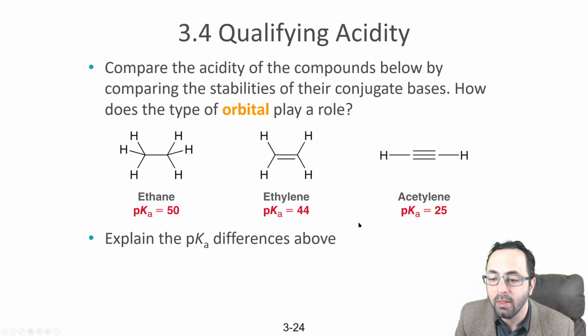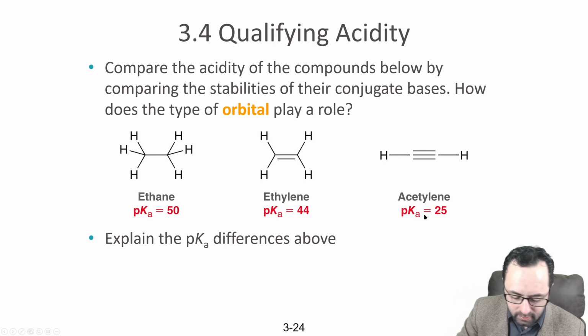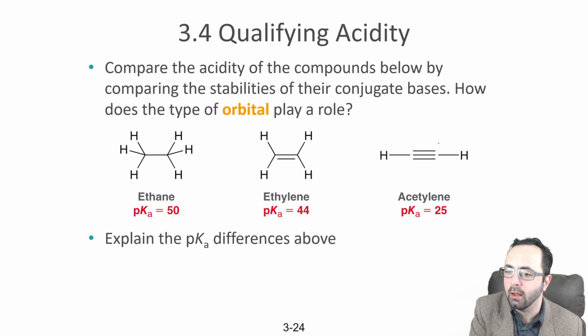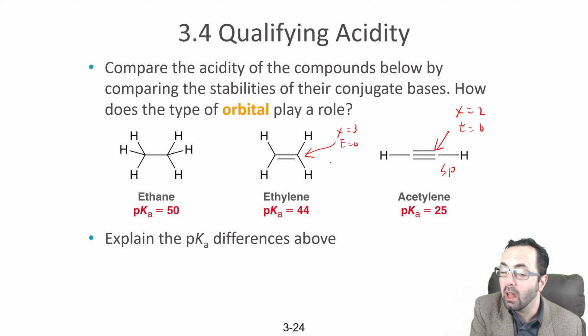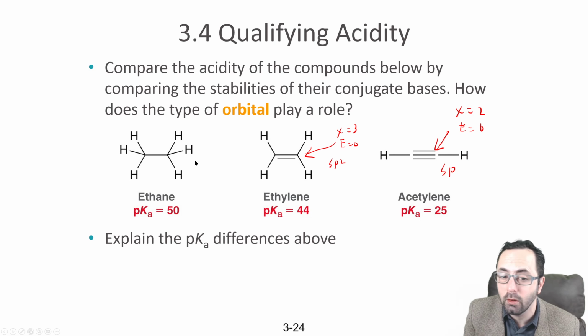But we can see that the acetylene, this carbon has X equals 2 bonded atoms, E equals 0, X plus E is 2, so this is sp hybridized. And then this one here is X is 3, E is 0. It is sp2 hybridized. 3 bonded atoms, no lone pairs, sp2 hybridized.